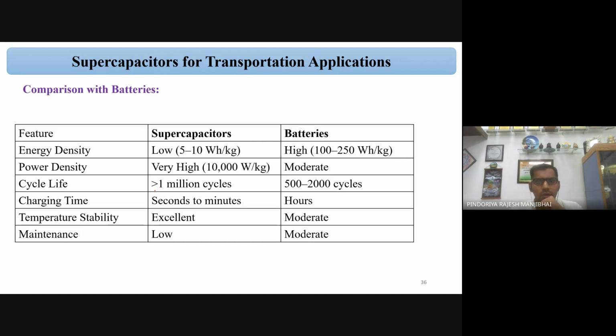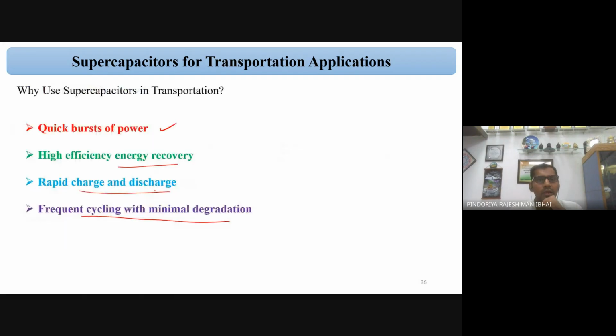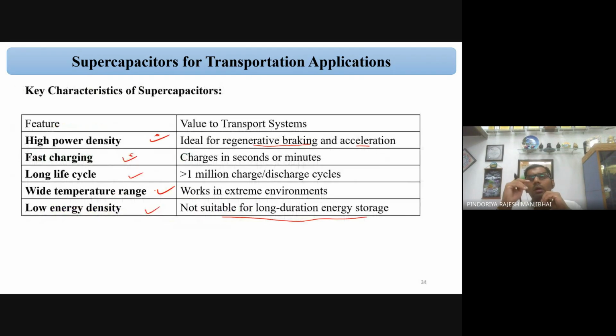Exactly. As of now, I don't know, but many materials are available as dielectric for the supercapacitor. As of now, I don't remember, I don't have any answer for the dielectric. What type of dielectric can we use? But I will tell you in the next class.